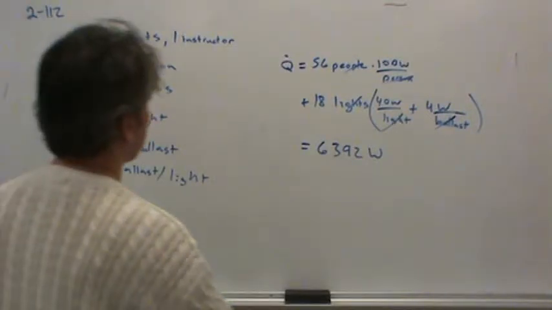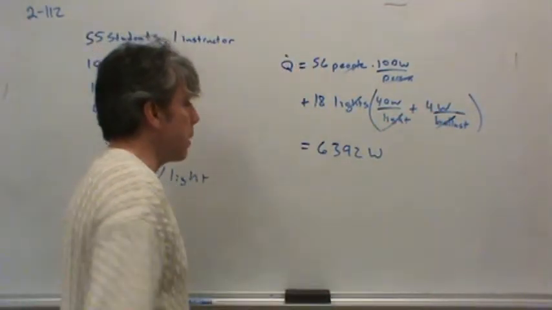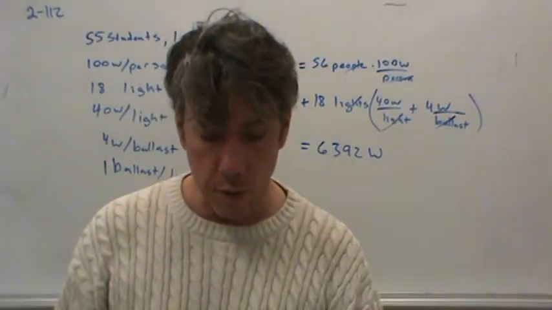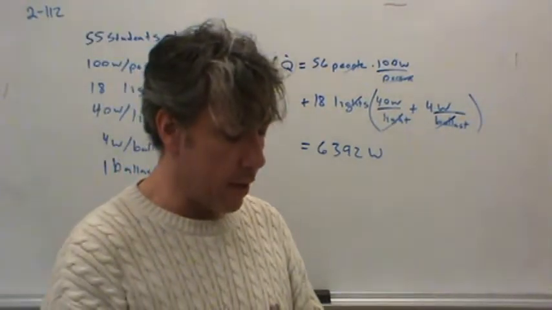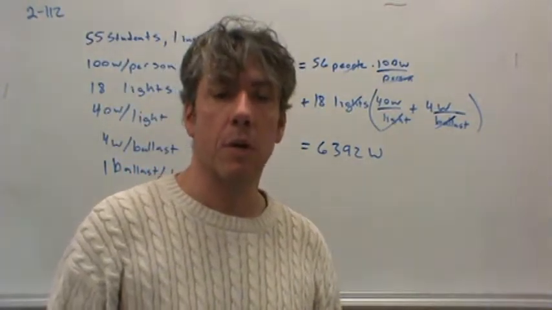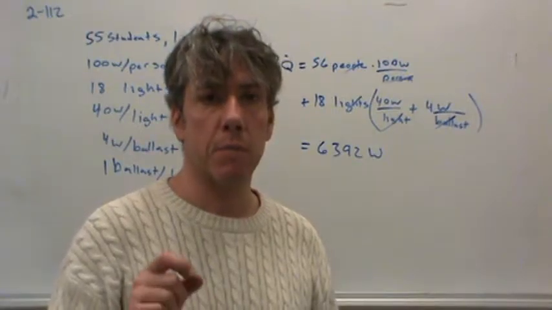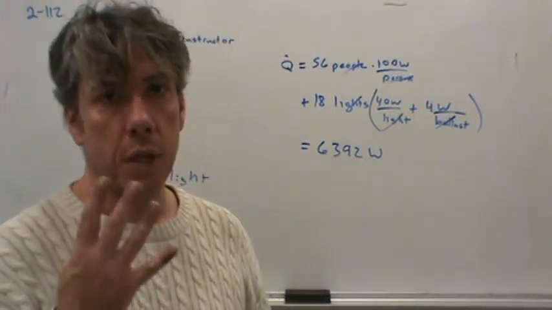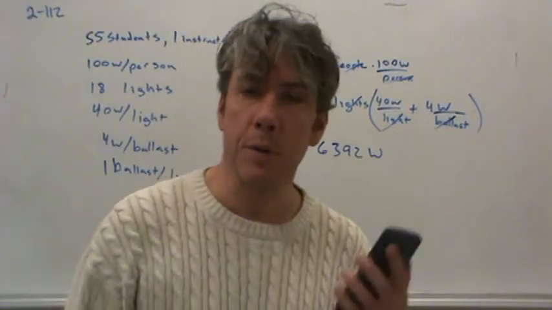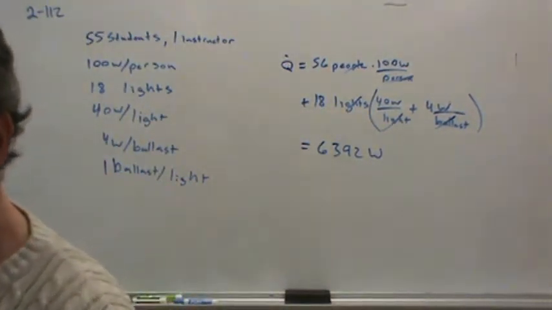How much power are we talking about there? Well, let's change this now to the gym. We've got 56 people in the gym, each one putting out a quarter horsepower. Well, 56 divided by 4 gives us 14 total horsepower, because remember, each person outputs 1/4 horse, so it takes 4 people to equal 1 horsepower. So 14 horsepower. How much power is that?